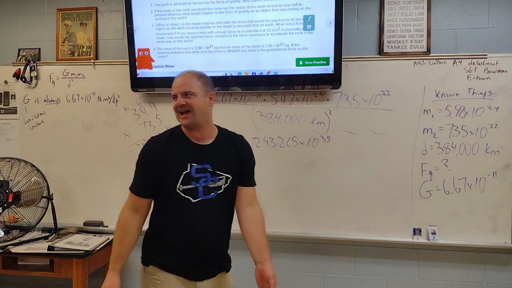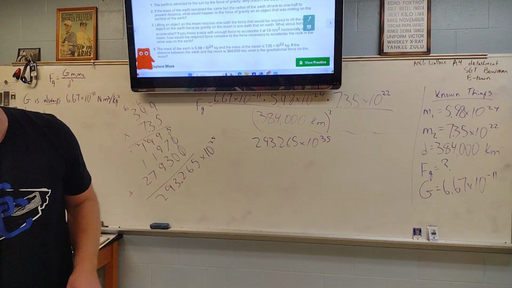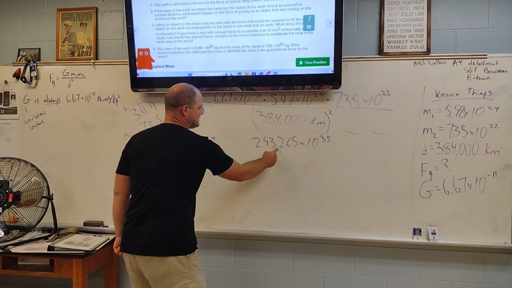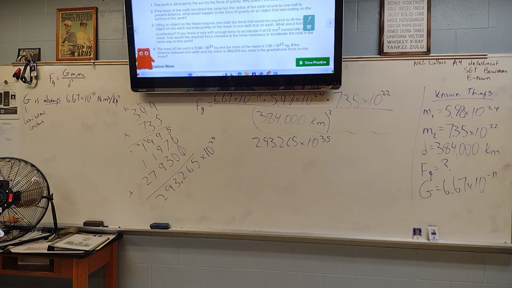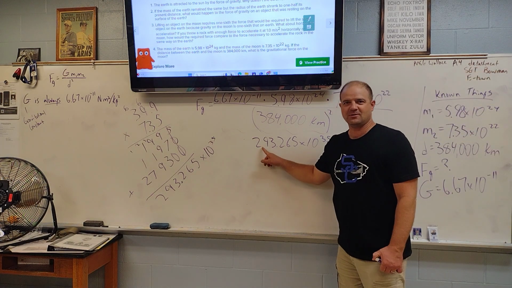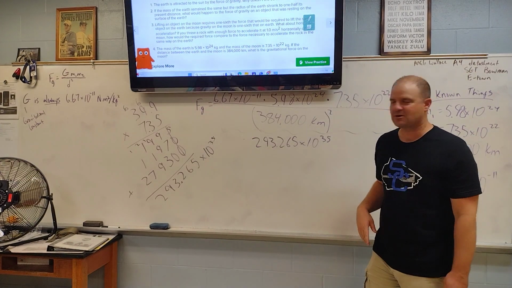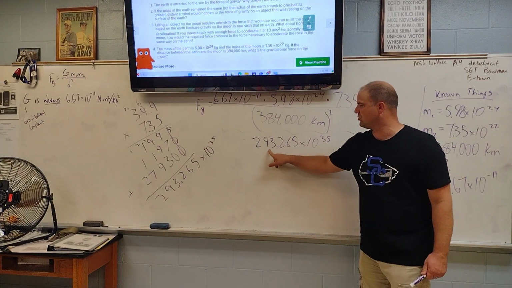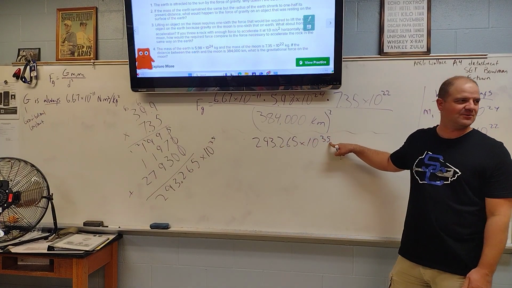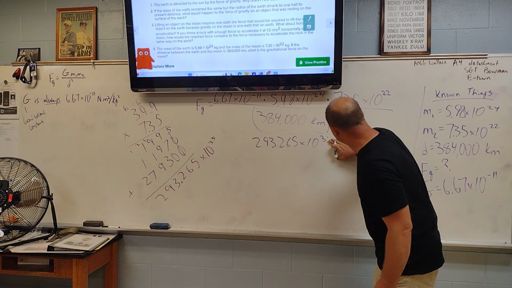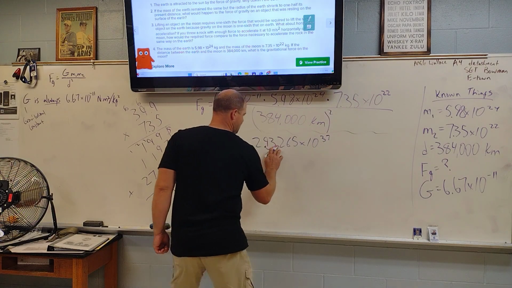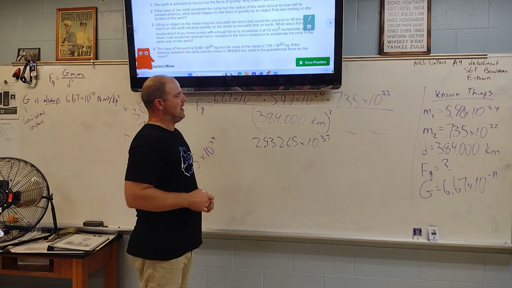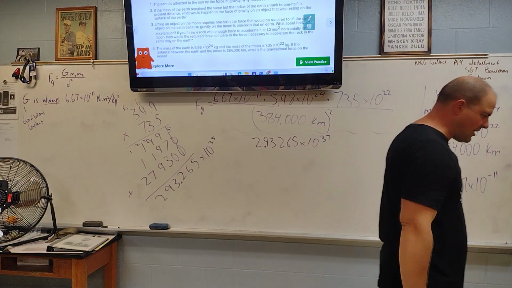But wait, is that proper scientific notation? Shouldn't the decimal be between the 2 and the 9, after that first non-zero digit? To move it 2 more that way, this would be a 7. So we change this to a 7, and move this over here. We've got our numerator rewritten.